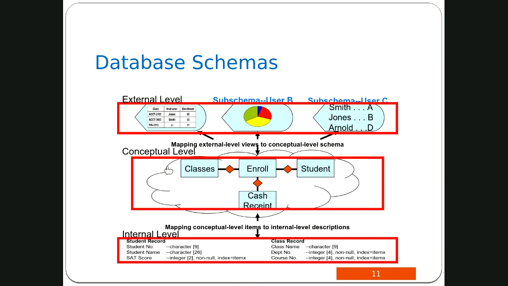Now we have the last one, which is the conceptual level schema. Think of the database as many tables that are interconnected with some logic. For example, you're taking, let's say, 5 or 6 classes this semester.